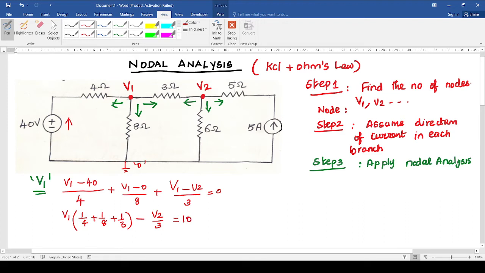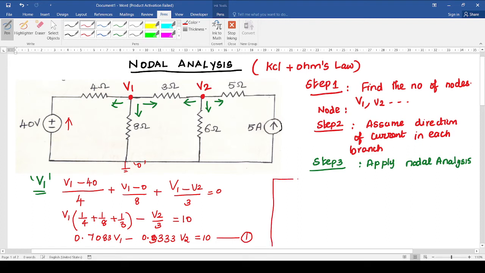What is 1 by 4? 4 inverse plus 8 inverse plus 3 inverse. That gives the value 0.7083 V1 minus 0.03333 V2 equal to 10. This is equation number 1.